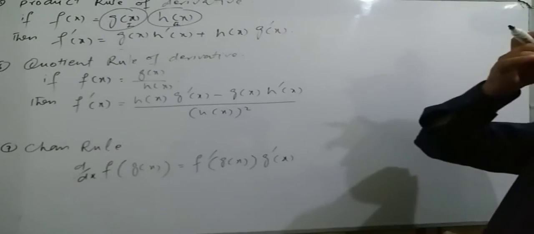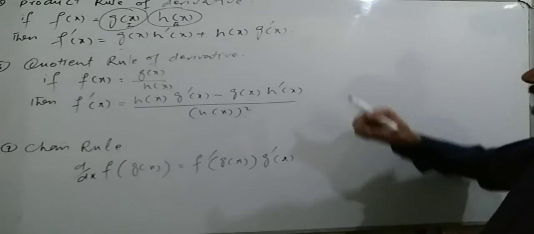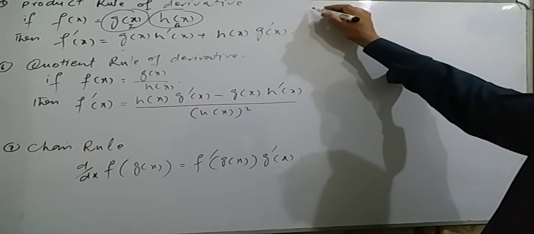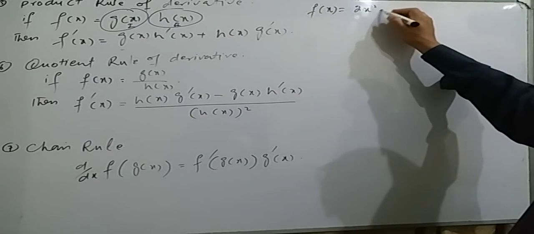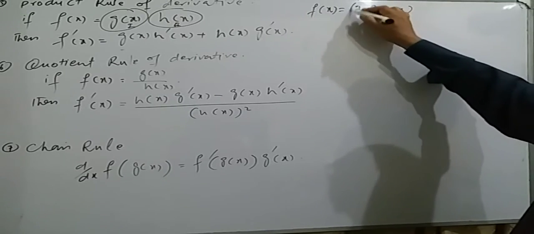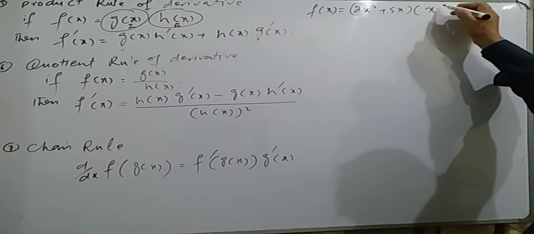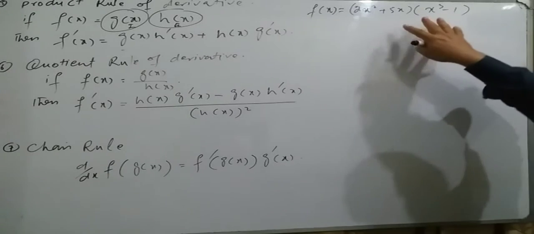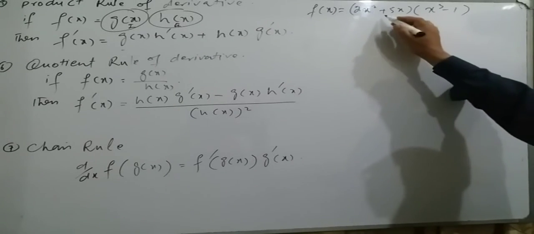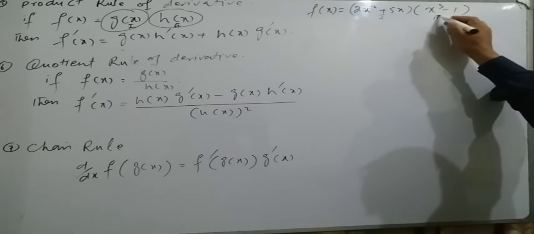Now let me solve an example related to the product rule. For example, we differentiate the function 2x squared plus 5x, multiplied by x cubed minus 1. This is the product of two functions. Suppose this is the first function and this is the second function.